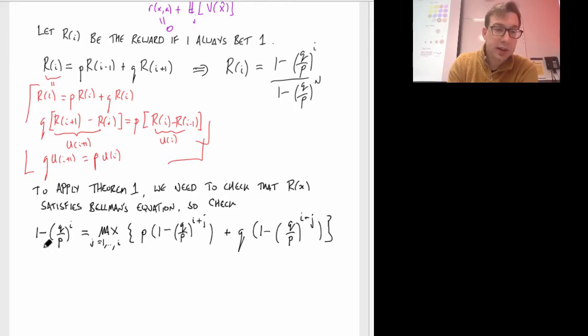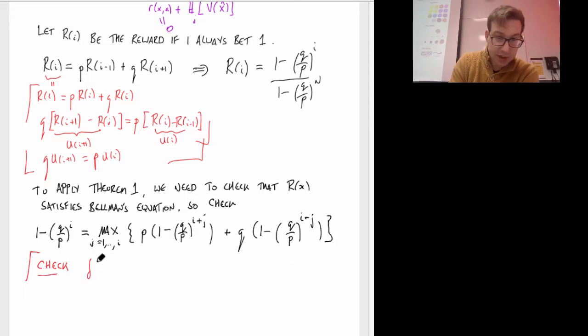So how do I check that? Well, I'll let you do this in the comfort of your own homes. You can check that as I let j get bigger, this expression is going to get smaller. If I let j go to 2, to 3, all the way up to I, the term inside this bracket is going to get smaller and smaller.